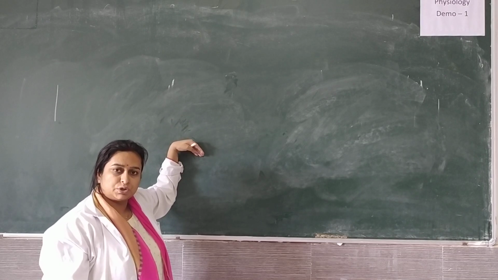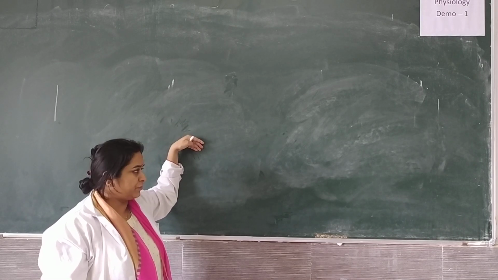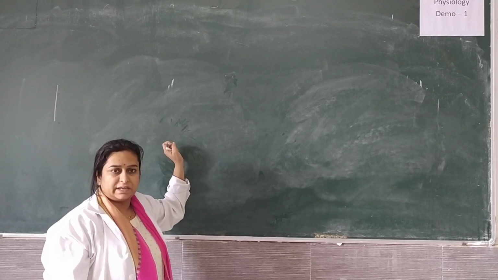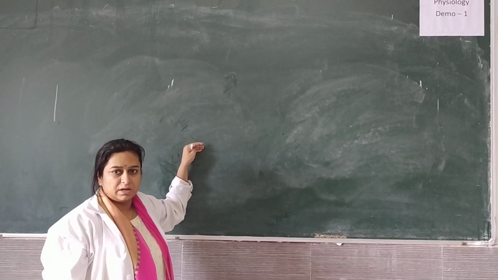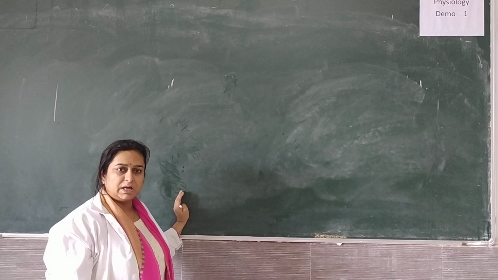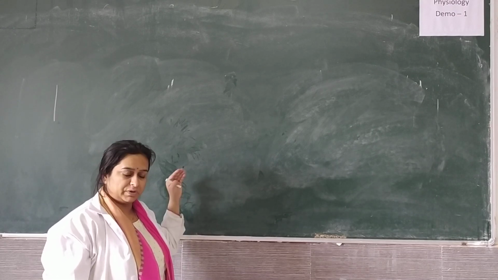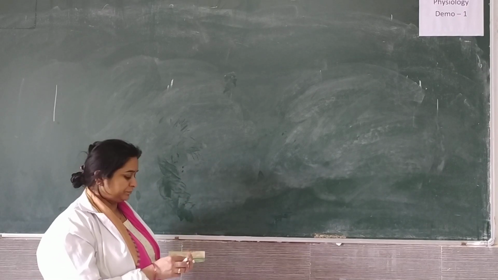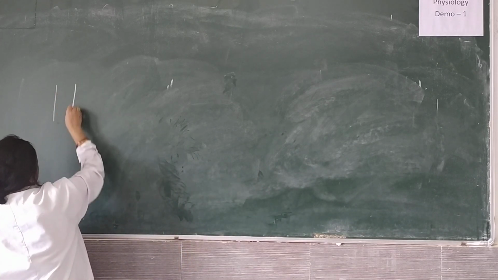When we talk about eosinophil, the granules take only the eosin dye, the acidic dye, so we name it eosinophil. When we talk about basophil, the granules take only the basic stain, so we name it basophil.